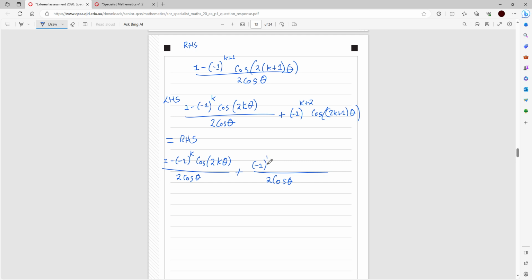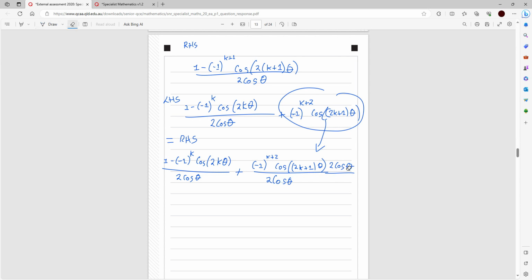Negative 1 to the k plus 2 and cos of 2k plus 1 theta. Now, normally this would be wrong, but if I multiply the top as well by the bottom, I've technically times it by 1. So I've got to put a 2 cos theta there. So technically this has just been multiplied by 1 because that would cancel with that still. Okay? So hopefully you can see what I've done there.